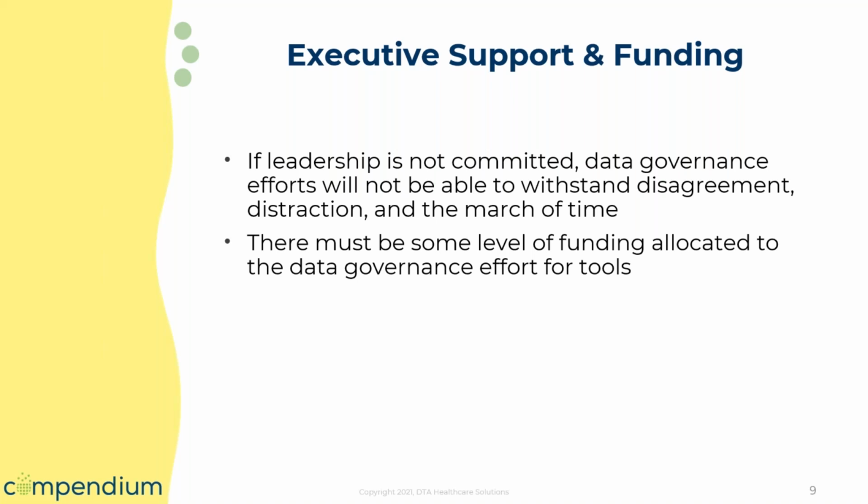Now, if you don't have funding and you don't have leadership commitment, you can make some strides as you wait for your organization to kind of mature and be ready for that. So don't dismay. You may just have to do some things in your own area. If you're on a reporting team, for example, implement some things like having definitions on all of your reports or a link to definitions.